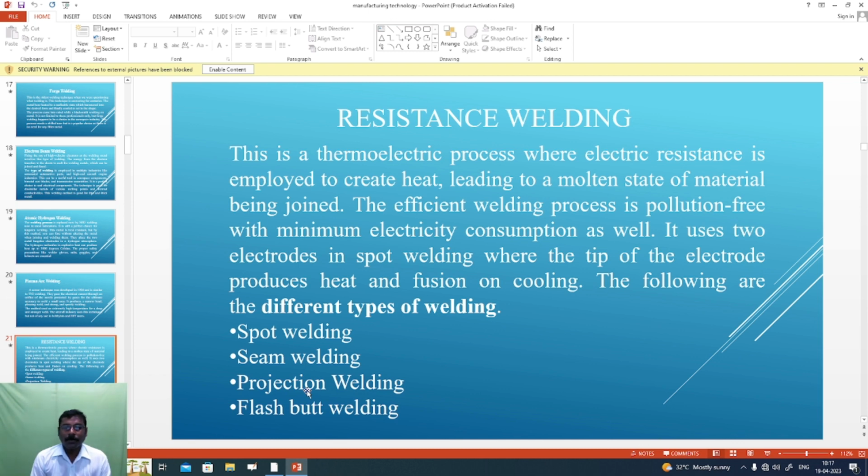It uses two electrodes in spot welding, where the tip of the electrode produces heat, fusion, and cooling. The following are the different types of resistance welding: spot welding, seam welding, projection welding, flash butt welding.